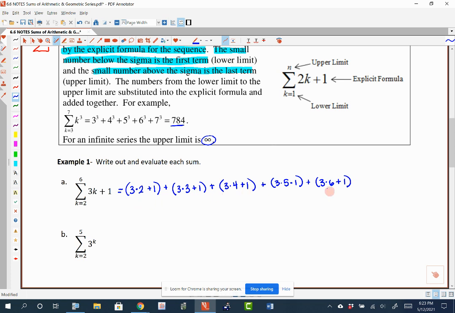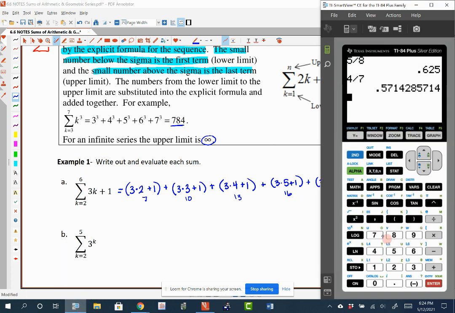So now we need to evaluate. If you want to try and do some of this in your head, you can. If you want to punch all of it into your calculator, you can. I think I can do some quick multiplication. I know that this one's going to simplify to 6 plus 1, so 7. 9 plus 1, that'll be 10. 12 plus 1, 13. 15 plus 1 is 16, and 18 plus 1 is 19.